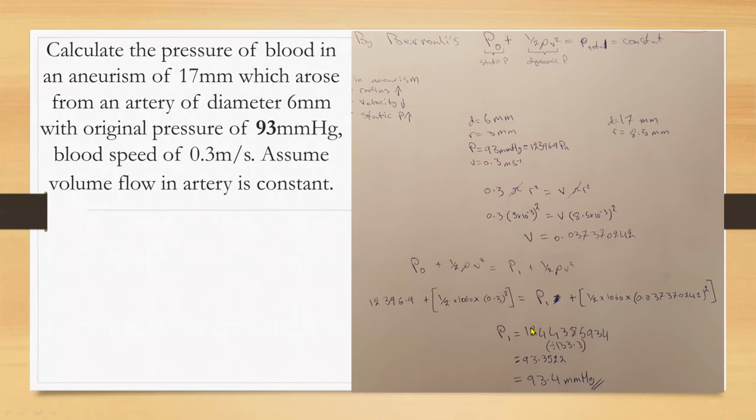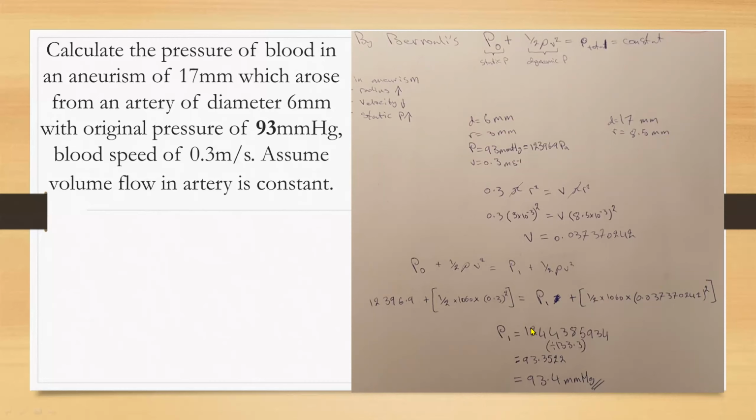So here we have the diameter 6 millimeters, radius 3, pressure 93, which we convert into Pascal. Because here we are not asked anything, we have to find the answers in Pascal, or it will be given in the final exam. But if it's not given, then you have to find it in Pascal because we have to follow the SI system.